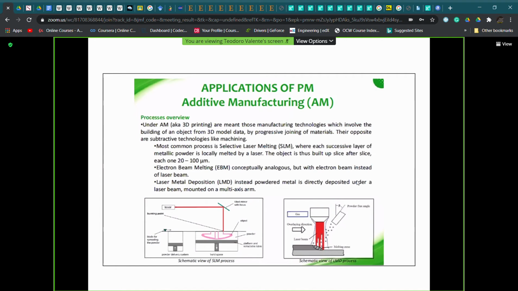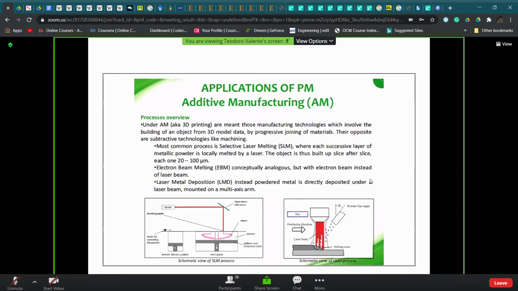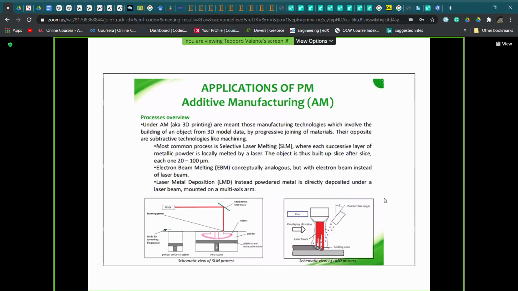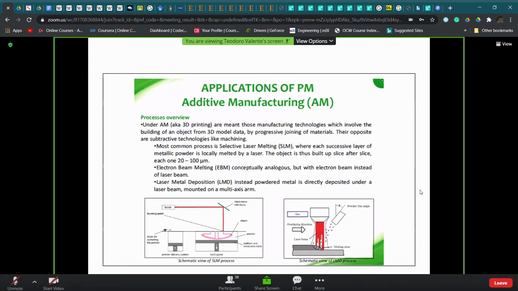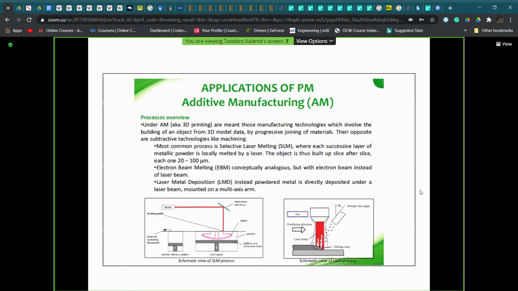I mean, we still do not have all the metallic alloys in the form of powders to be used with additive manufacturing technologies. So much research on powders and materials development is in the field.